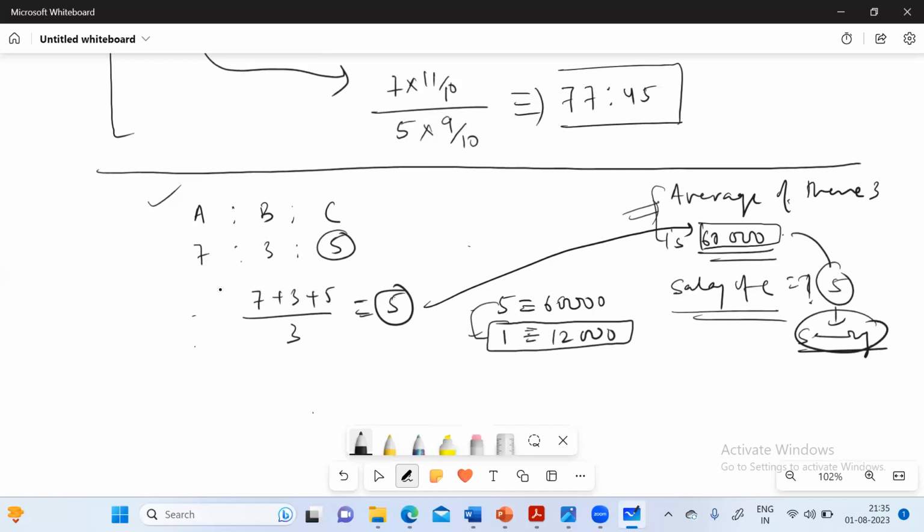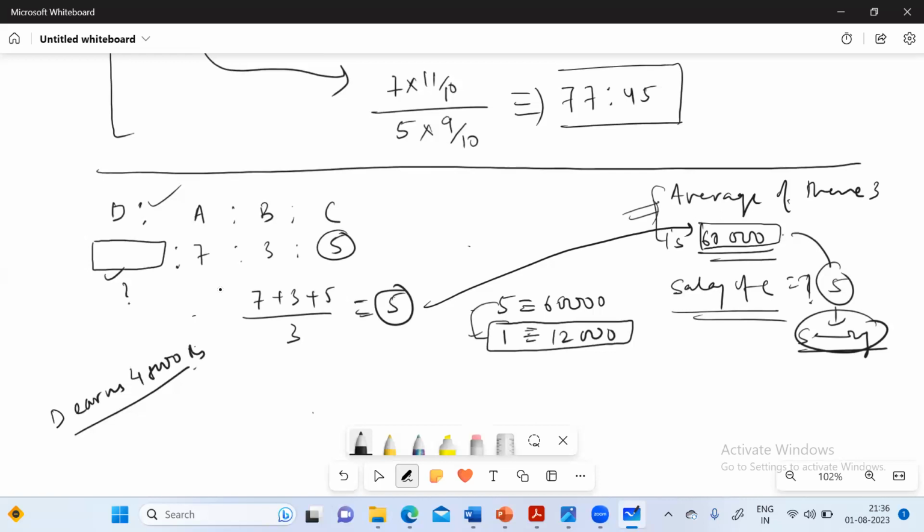Now, in this question, if we want to add D in this group, I mean, I want to merge the D value in this ratio. And I told you that D earns 48,000. So what should we write here? Tell me.